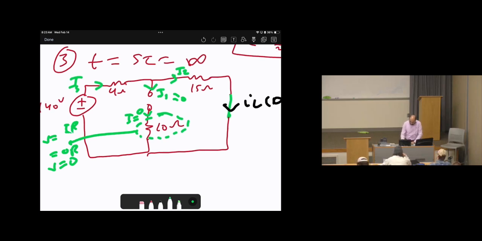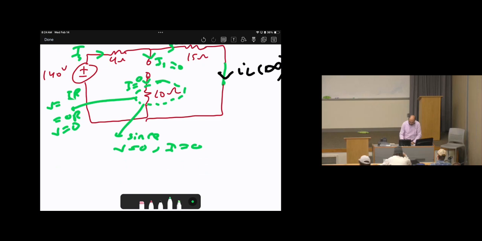Then in this element, since V equals 0 and I equals 0, neglect this resistor or erase it. So it will be erased. We know this before. Whenever both voltage and current are zeros, remove it like it doesn't exist.